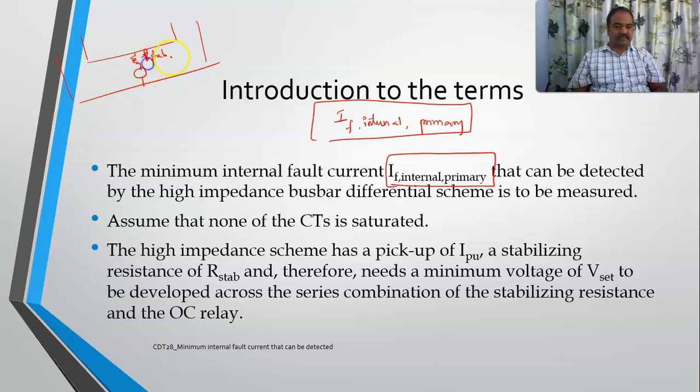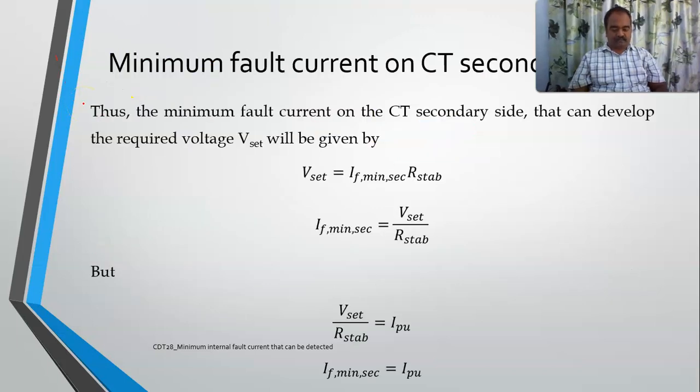This is my overcurrent relay here, and this voltage is my V set, and this overcurrent relay has a pickup value of I pickup. So the high impedance scheme has a pickup value of I PU, a stabilizing resistance of R stabilizing, and therefore needs a minimum voltage of V set to be developed across this combination of series stabilizing resistance and the overcurrent relay. Now, let us try to determine the minimum fault current.